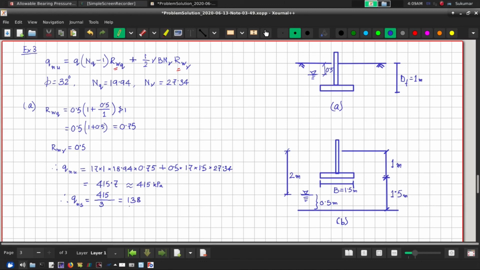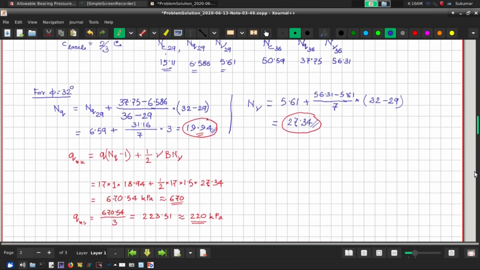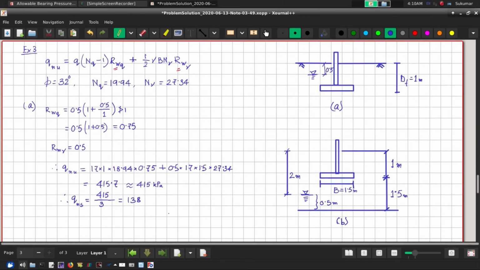So if you compare this result with the earlier result, what was the value of net safe bearing capacity? It was 220. Now you can see that it has decreased from 220 to 138, the safe bearing capacity.